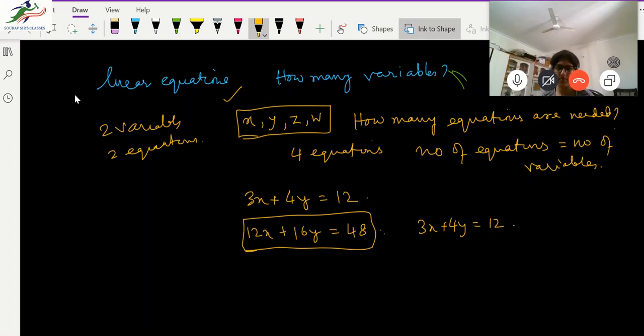So that means we have to have two distinct equations, right? We have to have two distinct equations.